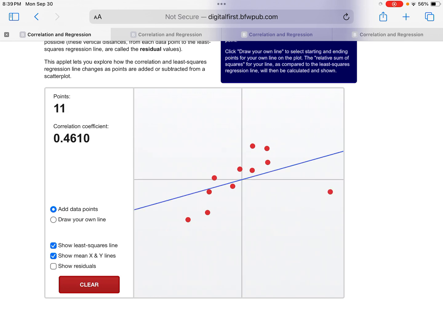Whoa, look at that. That changed the regression line a lot. What happened is, well, the regression line tilted quite a lot towards point A. And the y-intercept increased and the slope decreased.